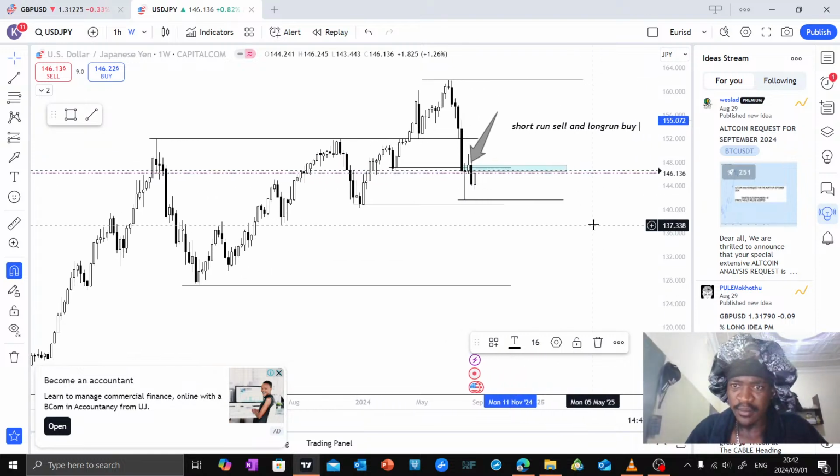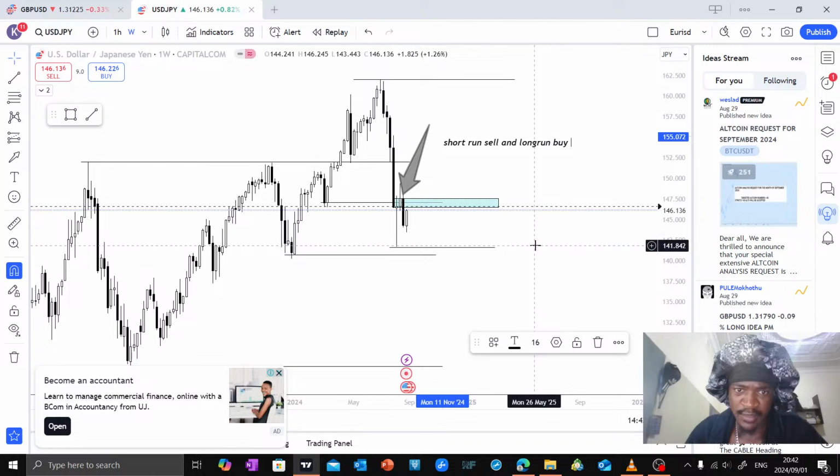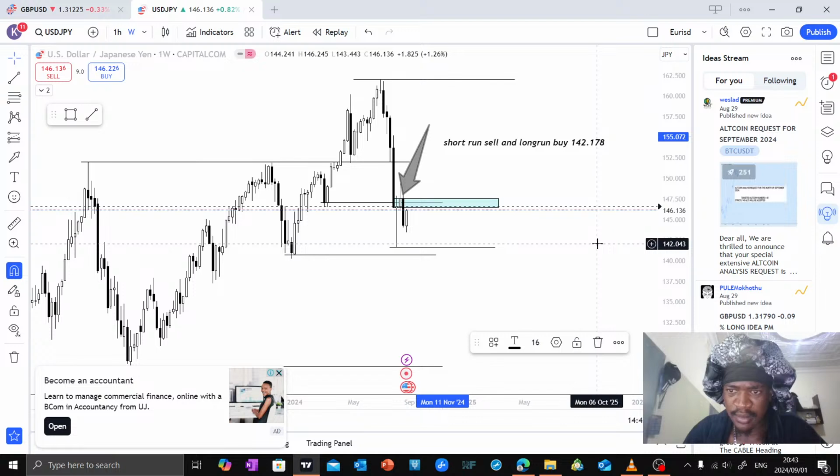At which level now? Should be buying at around this level. Buy at level 142.176. All right. Yeah, right about that. So that's what we want to do.